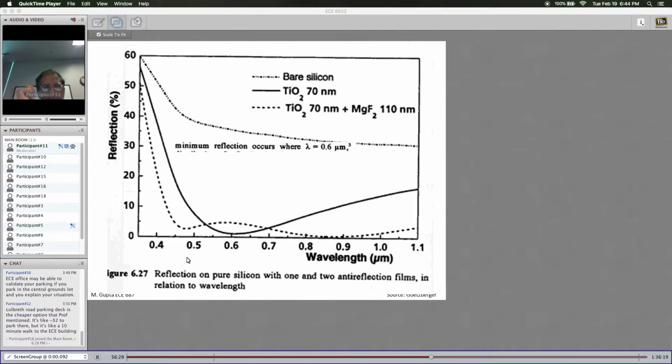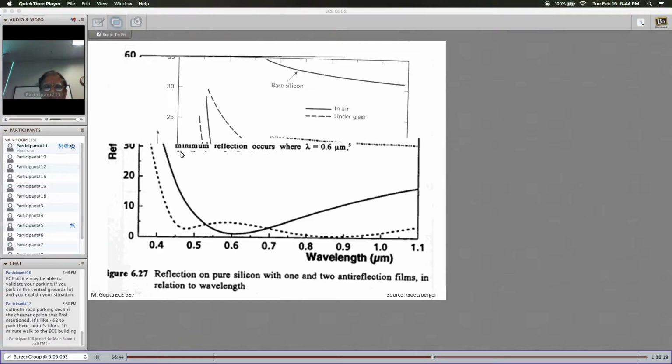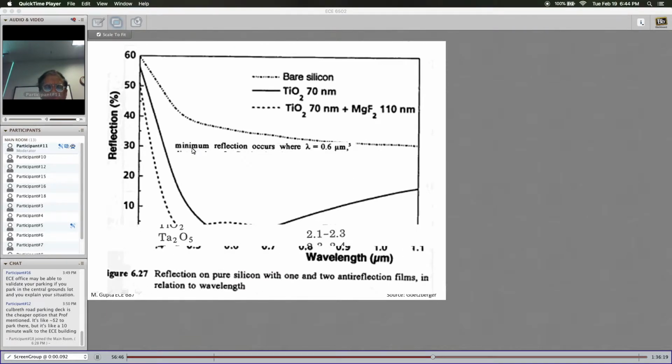Now let's look at the plot. We calculate the reflection as a function of the wavelength. First we do it for bare silicon, no anti-reflection. So the dotted curve on the top shows you how the reflection of silicon changes as a function of the wavelength.